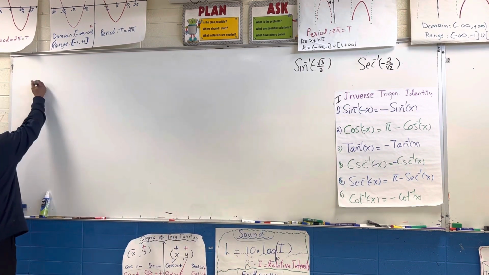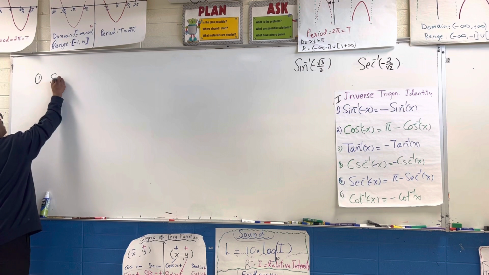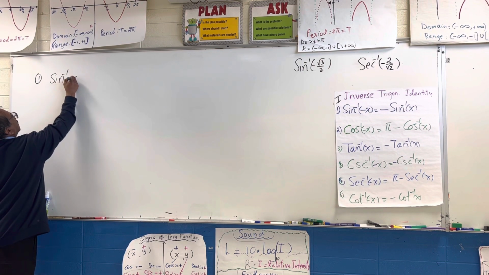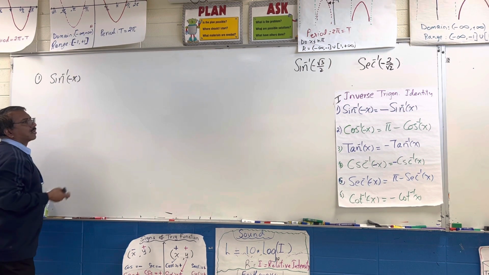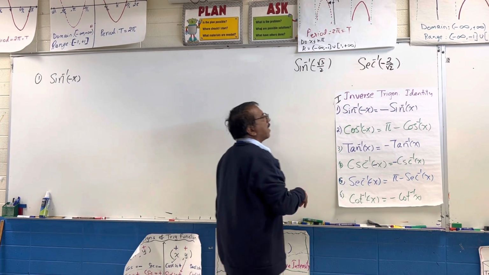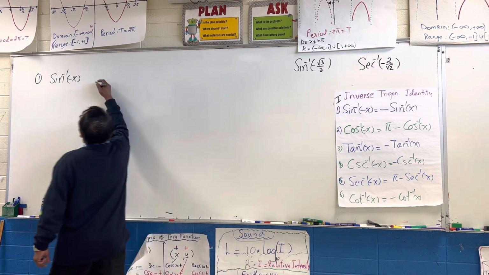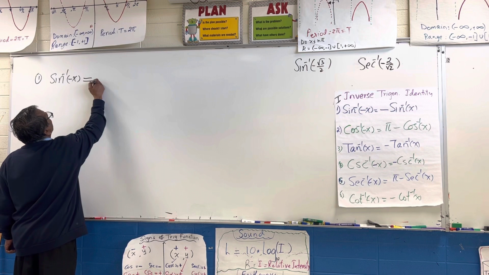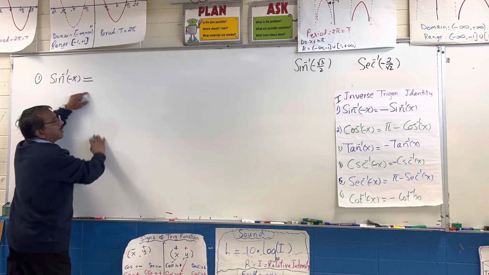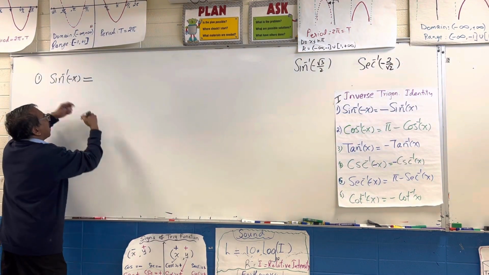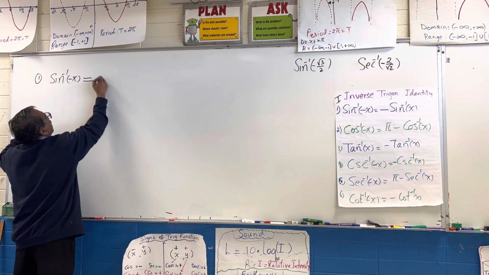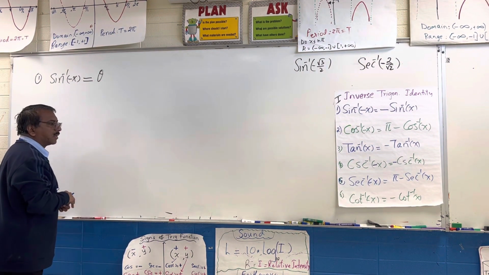So let me start here. Sine inverse of minus x, we want to know what this answer is, why it is minus sine inverse of x. Because we do not know, I'll call it the angle theta.